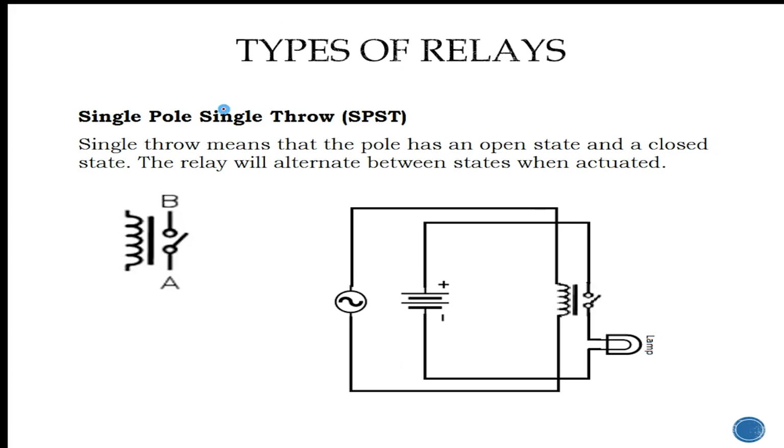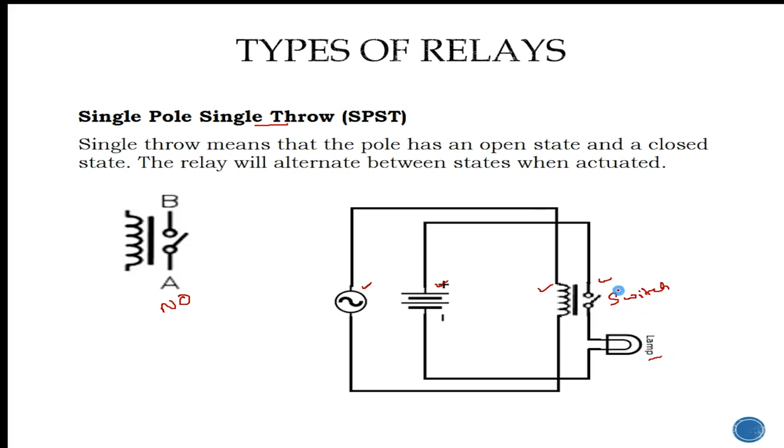First is single pole single throw. It means it has only one contact, that is the NO contact. In this small example, you can see there are two power sources. First, a power source for the coil and a second power source for the circuit. In this example, I have considered one switch with a lamp.